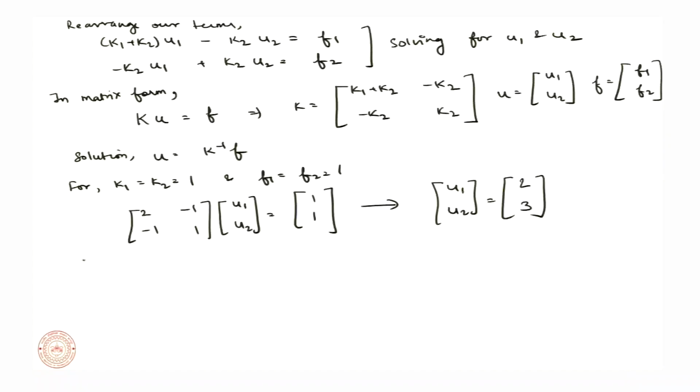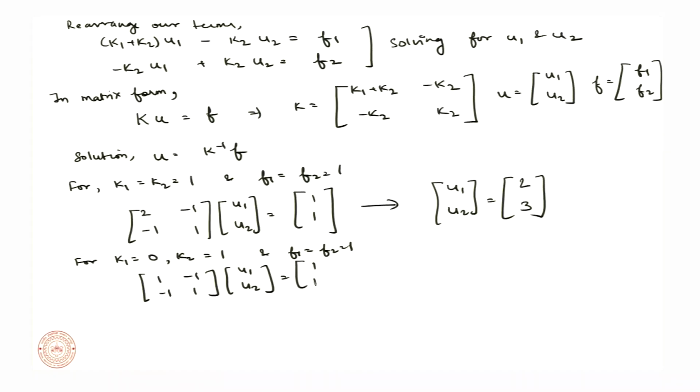So depending upon the value of K1 and K2, you can have different types of solution. Let's take one more type. So for say K1 equals to 0 and K2 is equal to 1 and F1 equals to F2 equals to 1. So in this case you will have 1, minus 1, minus 1, 1 into U1 U2 is equal to 1 1.